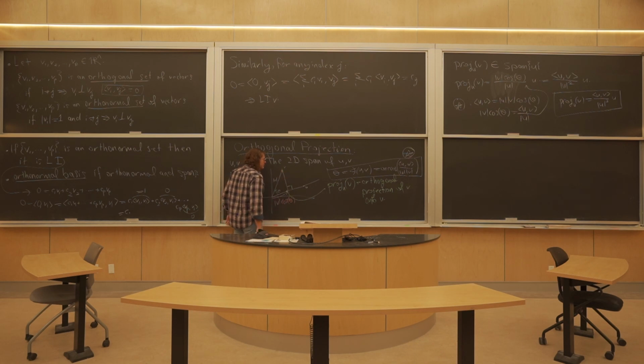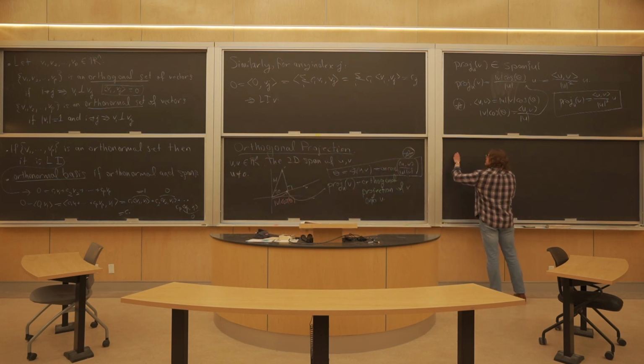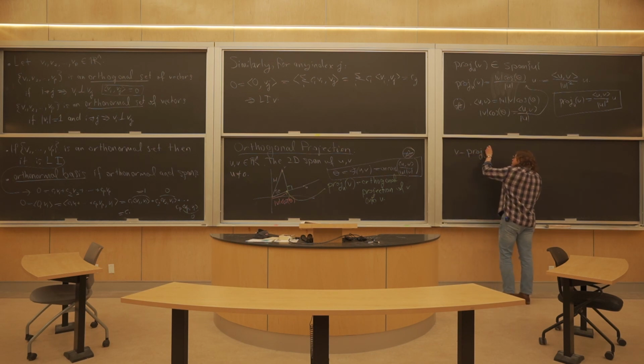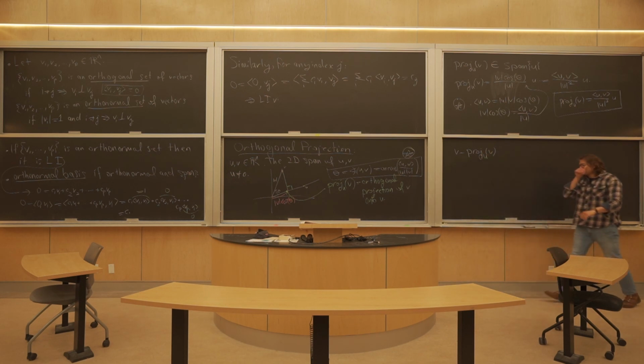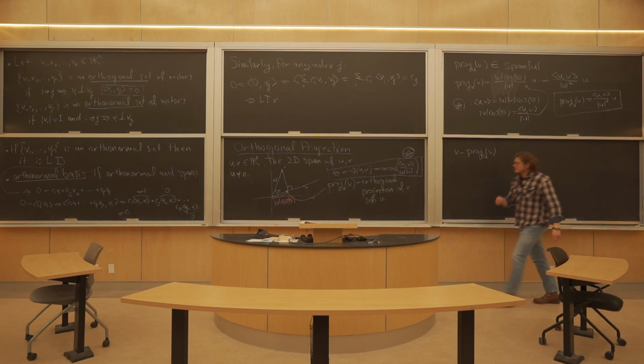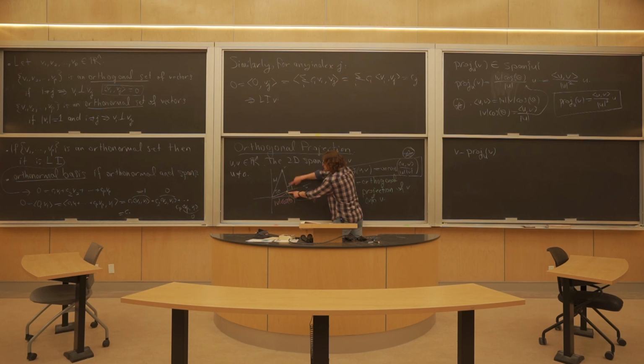And based on this calculation, based on this graph or diagram, that difference is perpendicular to the span of u. Okay? So this is what I'm trying to say. V minus proj sub u of v, which is a vector on its own. It is literally this vector. It's the vector that takes this to that.